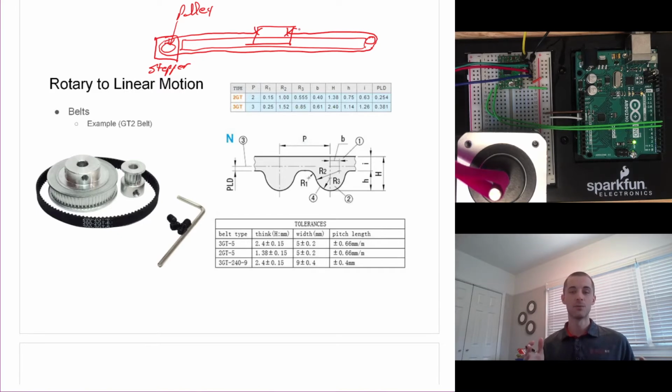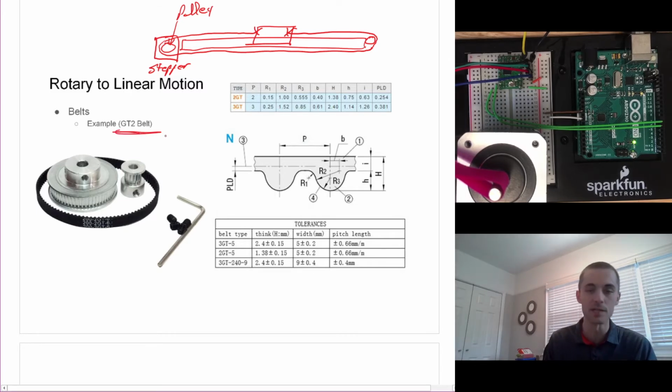And so what if we wanted to calculate how many millimeters of movement per step we would have, right? The example that I chose is something called the GT2 belt. And a GT2 belt is a specific profile that has, this is essentially an engineering drawing of the profile.